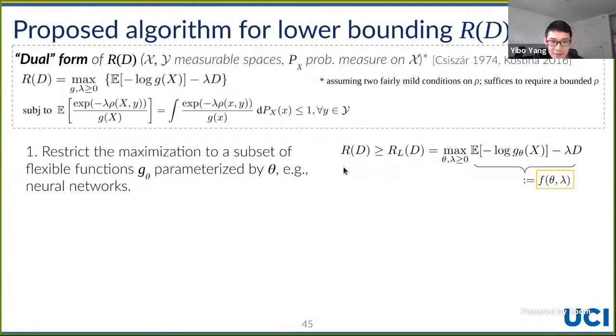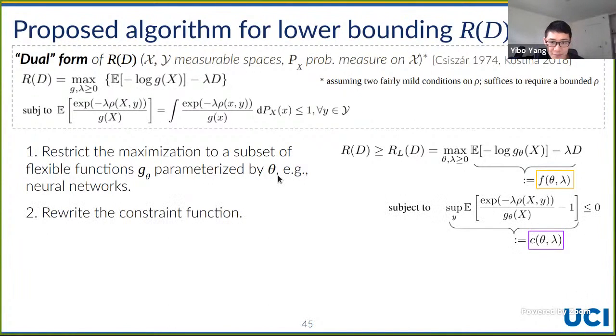So that's the first, sort of trivial, observation. We can replace this set of all possible functions g by those that we can represent by a finite dimensional vector, for example, a neural network parameterized by theta.